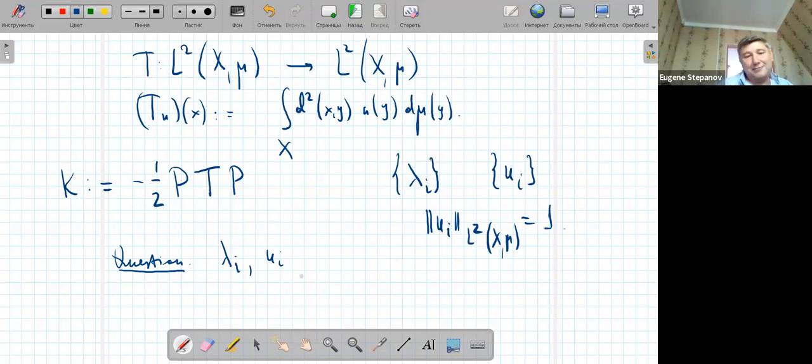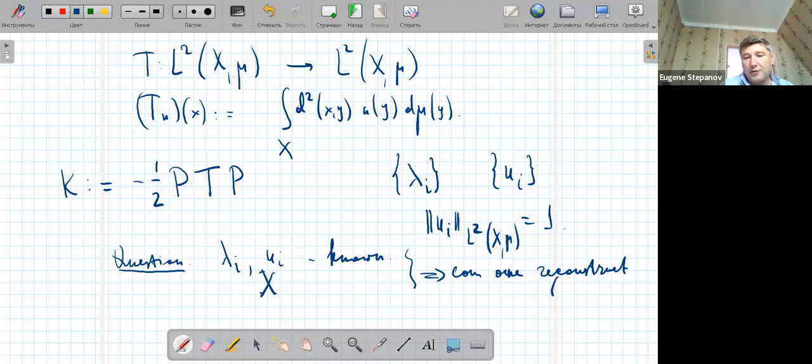You also know your set X, and probably the topology on your set X. So the question: does this determine, can one reconstruct your (X, d, mu) in general?